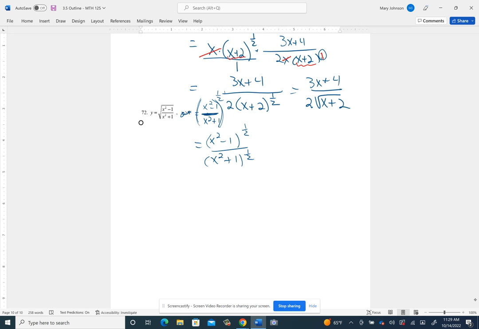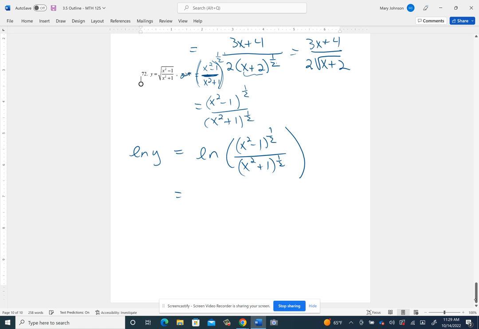Like here, x plus 2 raised to the 1/2 is not x to the 1/2, 2 to the 1/2. All right, so if you had done that, then at this point you would come in and do the natural log of both sides. All right, so I have x squared minus 1 to the 1/2 and x squared plus 1 raised to the 1/2 power.